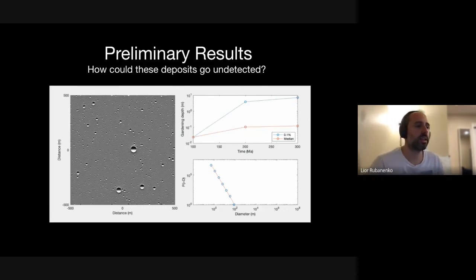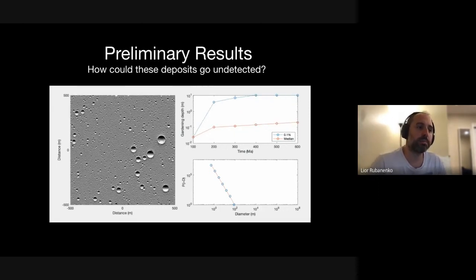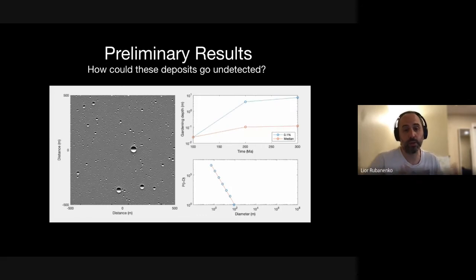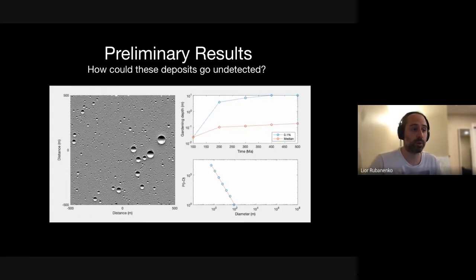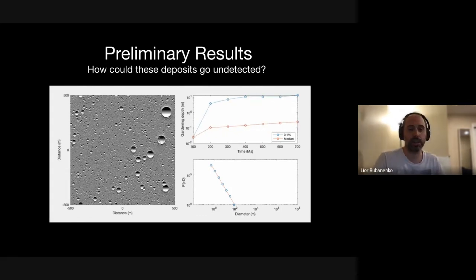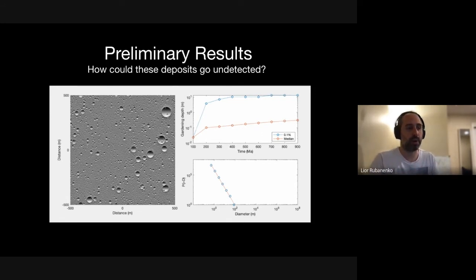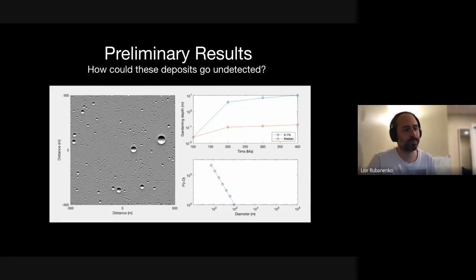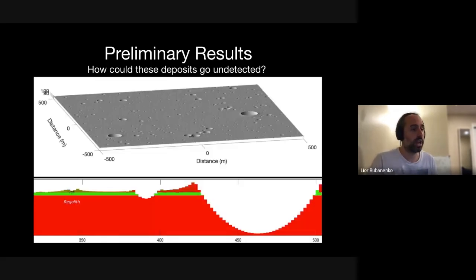I'll just say that the next step is to try and see what happens to those once pure ice deposits once they're exposed to gardening, whether this explanation of ice deposits that were covered by regolith and gardened with time and mixed in with the regolith is plausible or not. To do that, we use a model that I recently developed that looks at layers of ice and regolith in the subsurface.